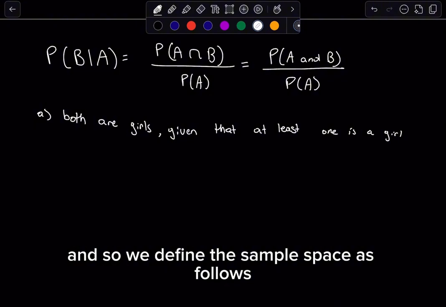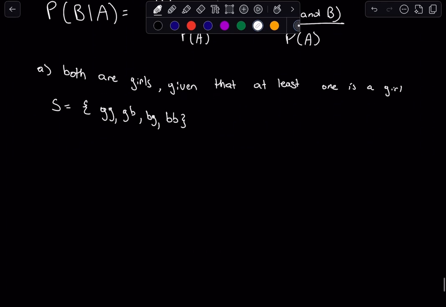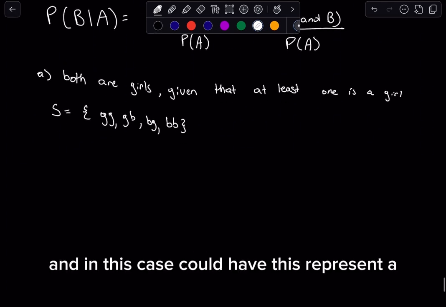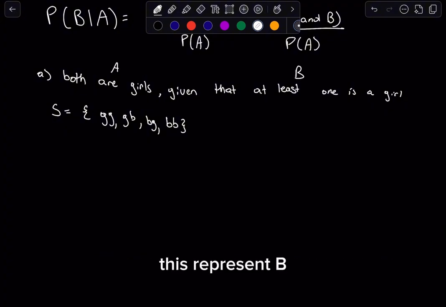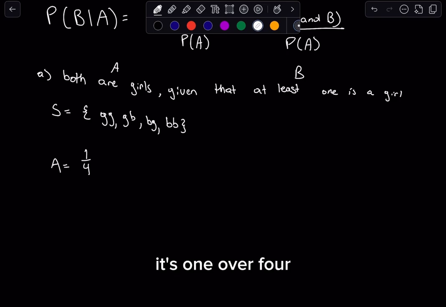And so we define the sample space as follows. So we could have a girl, girl, girl, boy, boy, girl, or a boy, boy. And in this case, we could have this represent A, this represent B. So A is both are girls. What's the probability of that? It's 1 over 4.